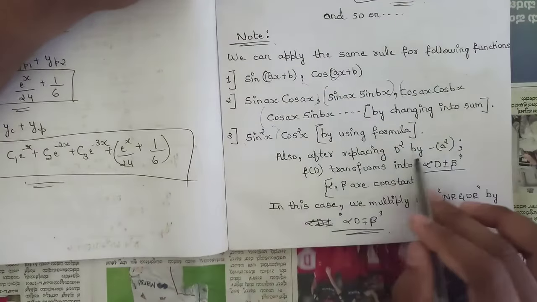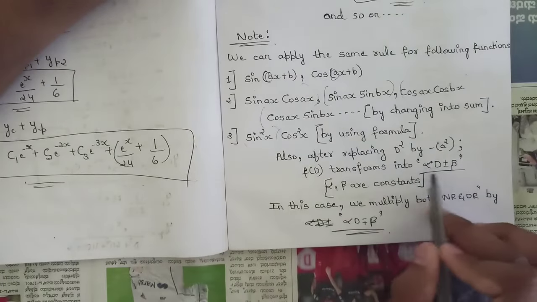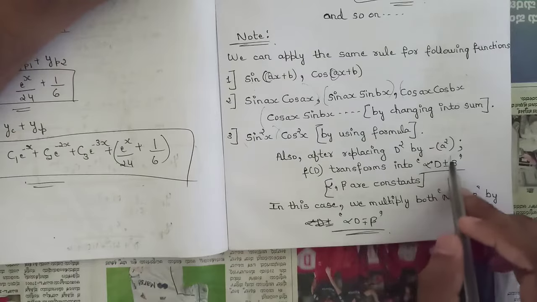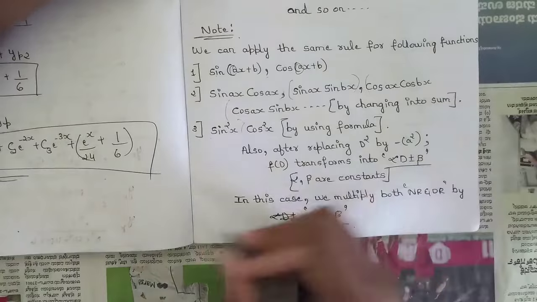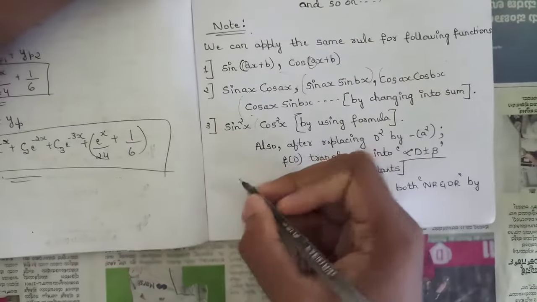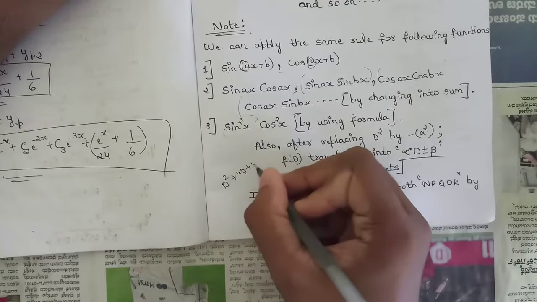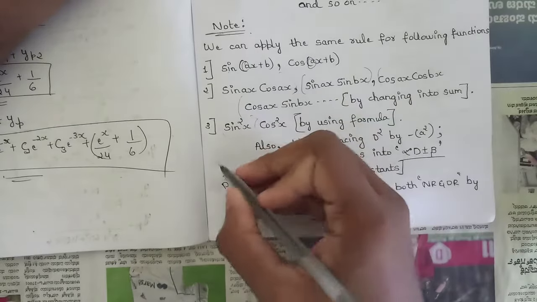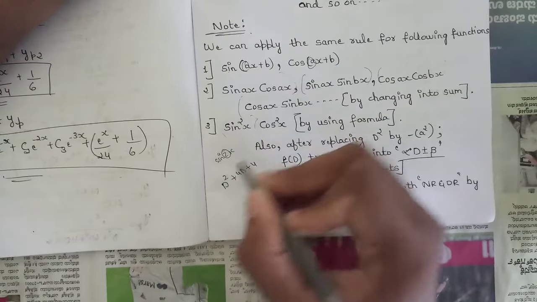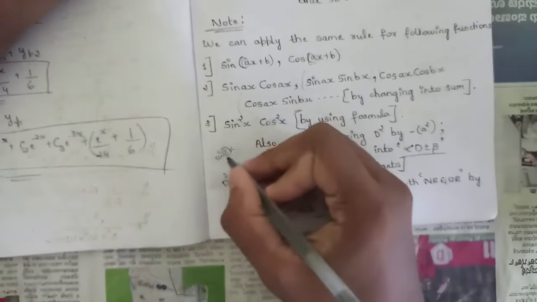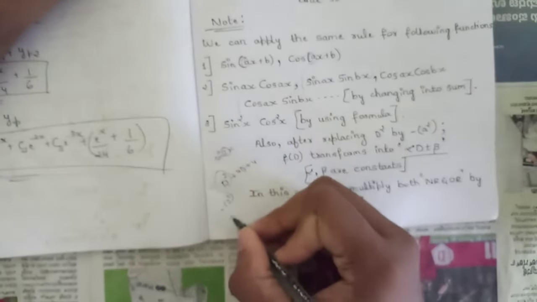Also, after replacing d square by minus of a square, the f of d function transforms into alpha d plus or minus beta. For example, let me take the function d square plus 4d plus 5 and r of x as sin 2x. Here the value of a is 2. So we replace d square by minus of a square, that is minus of 2 square, which is minus 4.